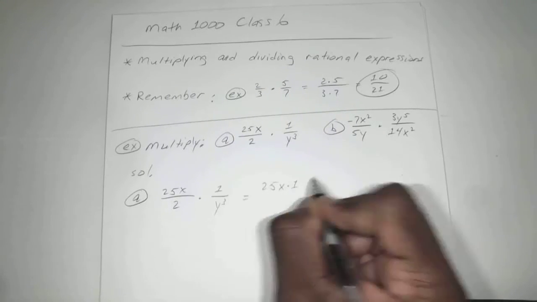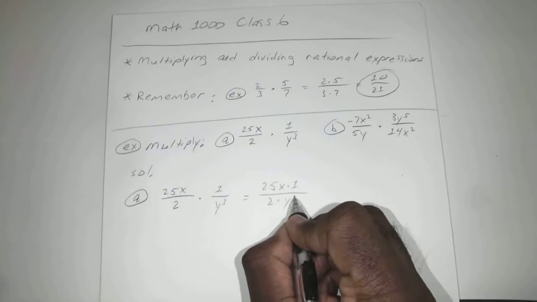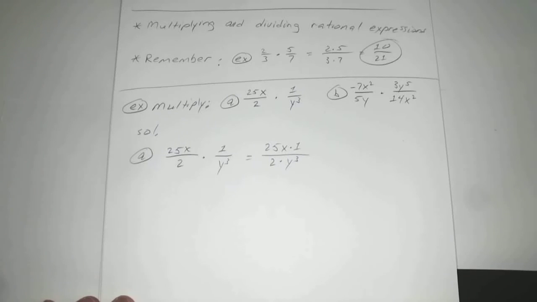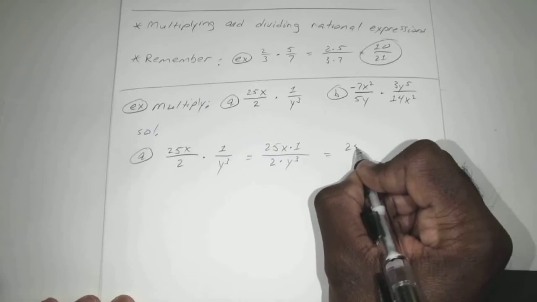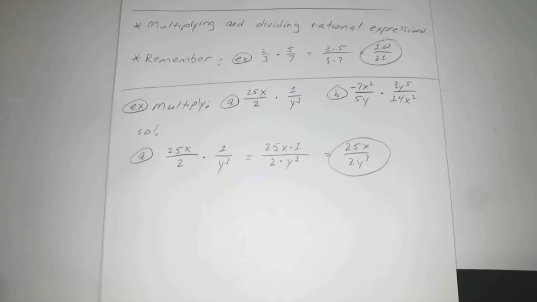You don't have to put the times 1 if you don't want to, but it's kind of there. And 2 times y to the third. So you end up with 25x over 2y to the third. Okay. So for this one, you don't have anything that cancels out, so it's pretty straightforward.